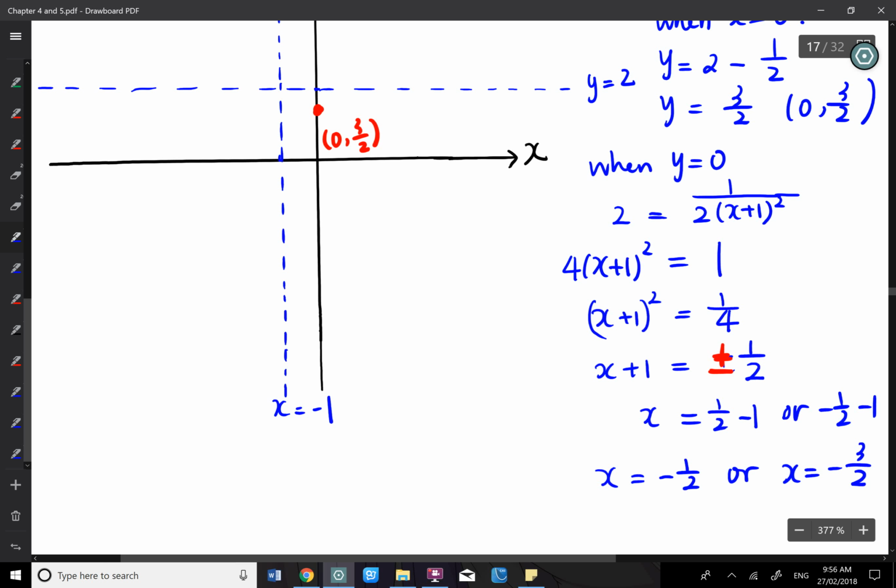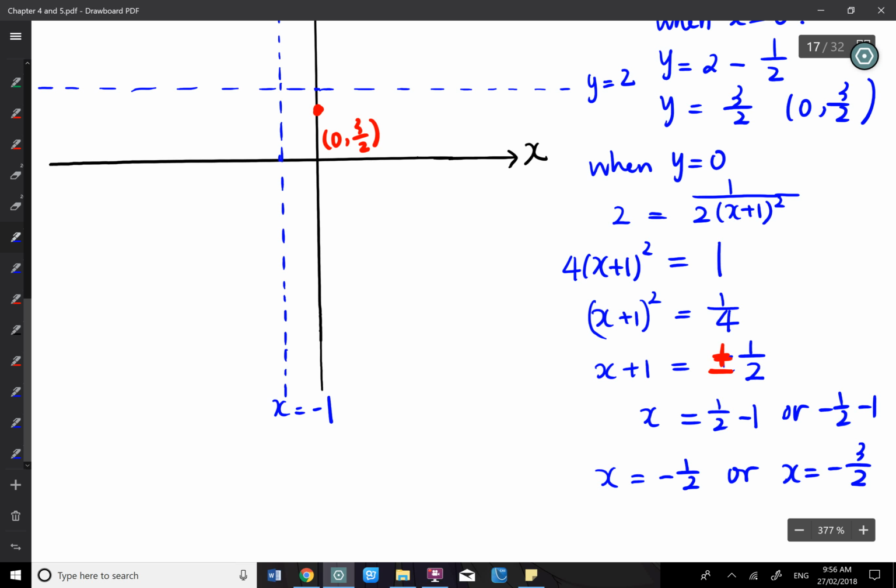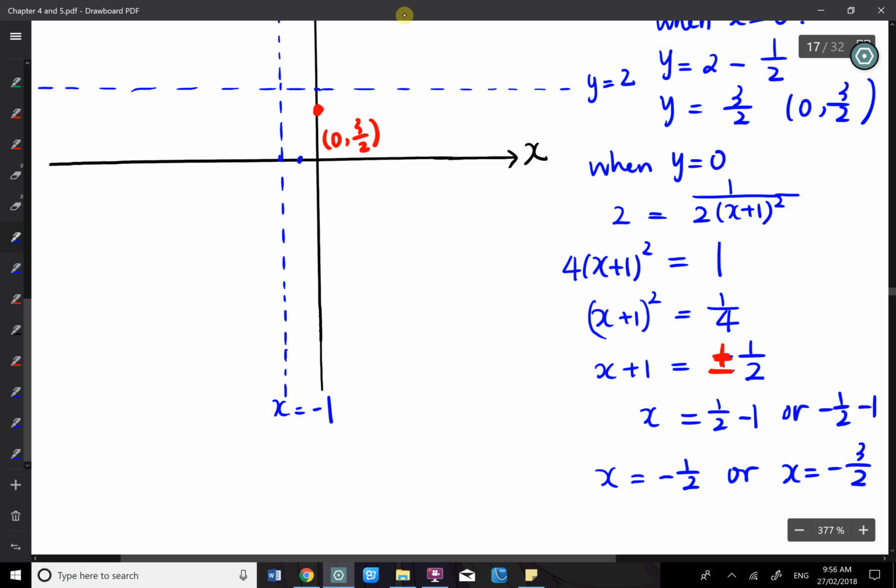So minus a half is here. Minus 3 over 2 is here.